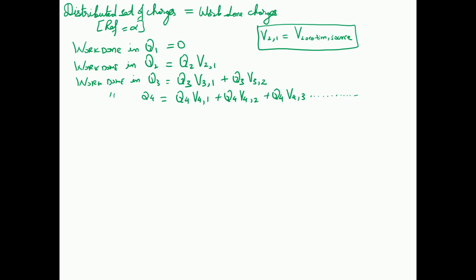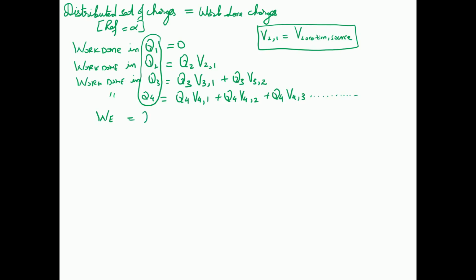So this means that we can summarize this into a single value, that the total amount of work done in the form of the energy expended, WE, is going to be the sum of all of these charges from Q1 to Q4, but it can go to Qn. We are restricting it to the 4 charges.